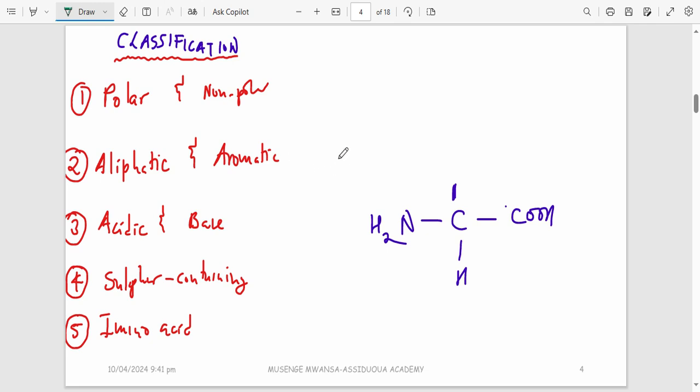The simplest amino acid, remember we said that is going to be, what is the name? Do you remember? The simplest amino acid? Glycine. Glycine. You remember? So glycine has a hydrogen here. Do you think this amino acid is going to be polar or non-polar?